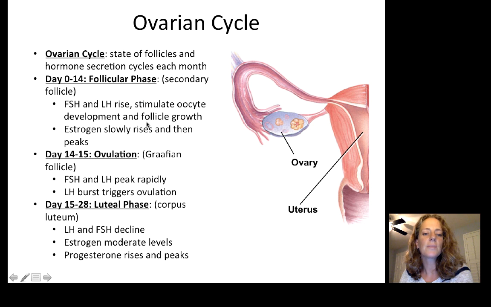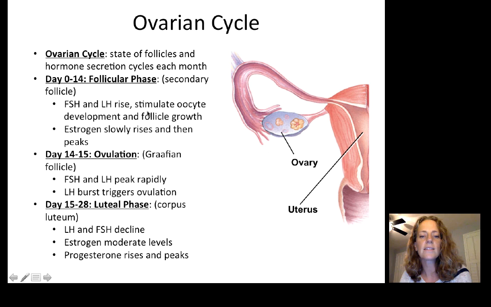So let's look at the specific timing of these cycles. The ovarian cycle is the state of these follicles and the hormone secretion cycles every month. So we start at day 0, which we call the follicular phase. This is when FSH and LH are rising and stimulating follicle maturation. This will then stimulate oocyte development, and the estrogen will slowly rise and then peak as the follicle is growing.